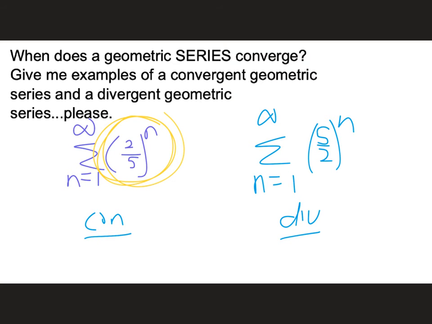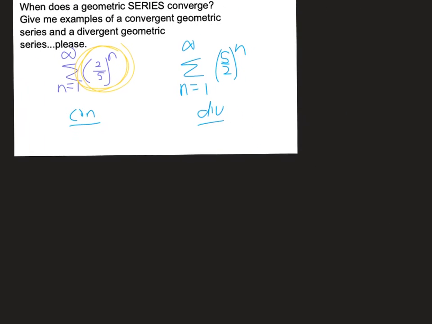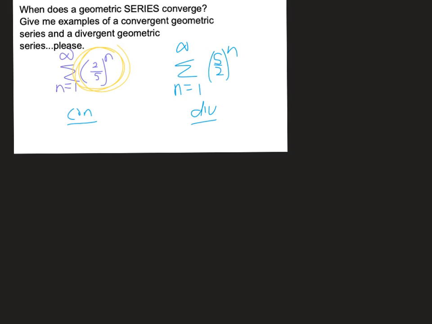Let's explore. Okay, we've got a geometric series. So geometric stuff, we start with some sort of number, which often they call a, and our next term is going to be a times whatever the number is. So in this case it was 2/5, in this case it was 5/2. So a times, often they call it r for a common ratio.